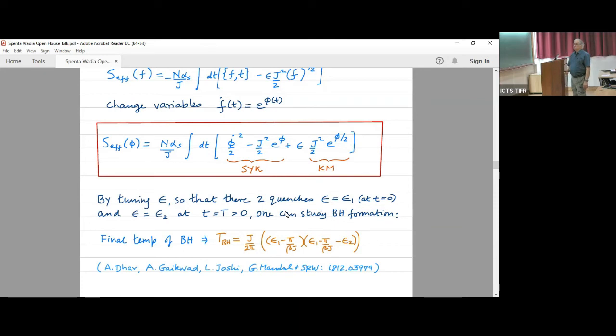All right, so this is an important result, and using this result and a time-dependent epsilon, which gives rise to quenches, some time ago we studied black hole formation in this model, and we could follow dynamically in real time black hole formation. And we could also calculate asymptotic temperature. I'm sorry, I forgot 1/2 over here. That's important. Yeah, so this is the temperature in terms of certain parameters.